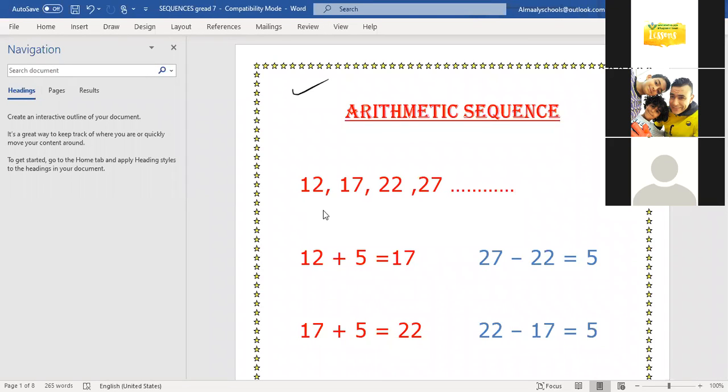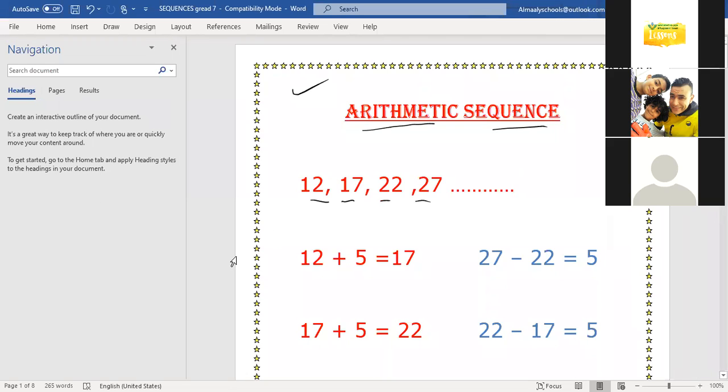We will start today our lesson, chapter 16, sequences, with arithmetic sequence. So what's the meaning of arithmetic sequence? Arithmetic sequence is a sequence that has a constant difference between its terms. For example, arithmetic sequence like 12, 17, 22, 27.